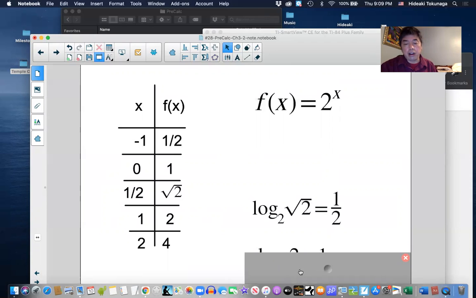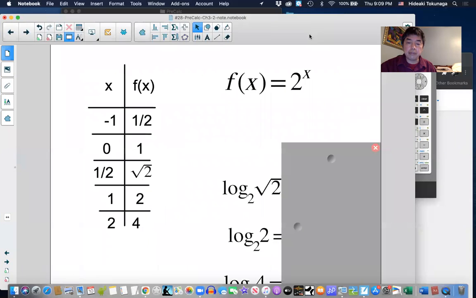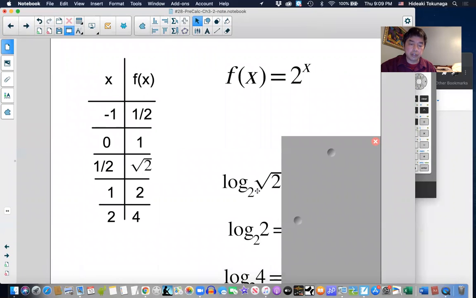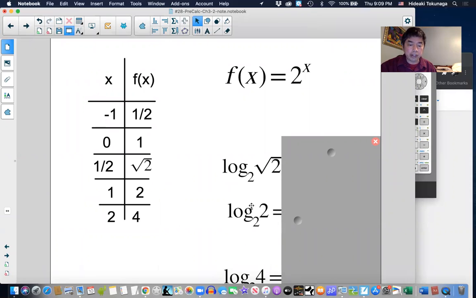Now I rewrite everything in the equivalent logarithm expression. So log base 2 of square root 2, which one is that? 2 to what power is square root 2?